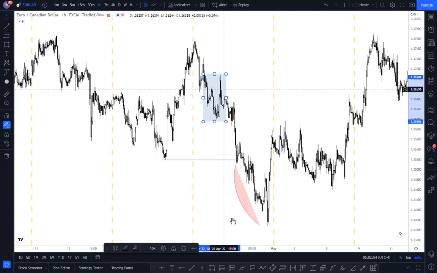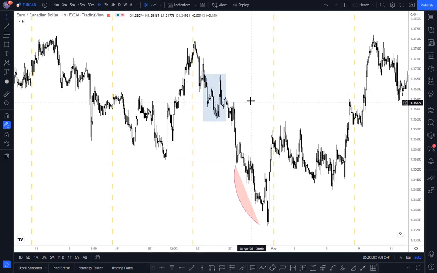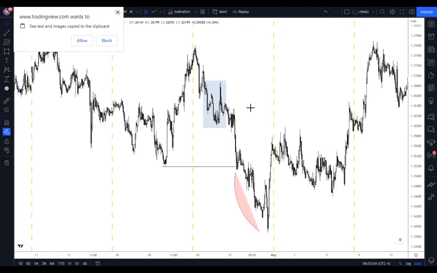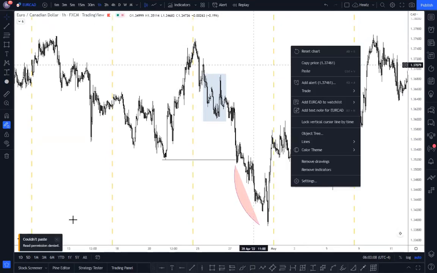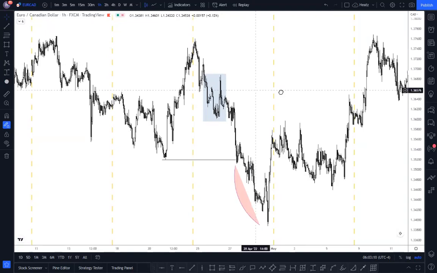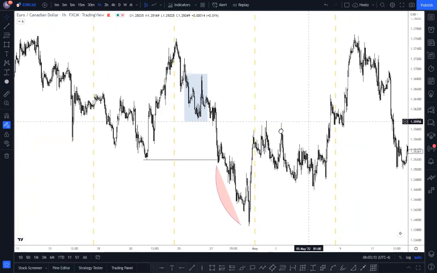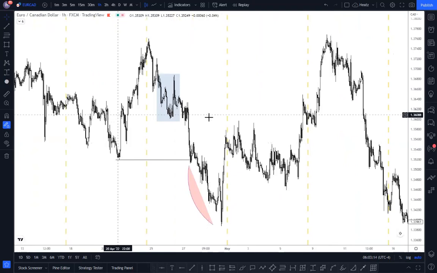So more of a combination of a shallow and then a very deep pullback. So this is the complex corrective wave, right? So that's one example. Let's see if we can get more examples.